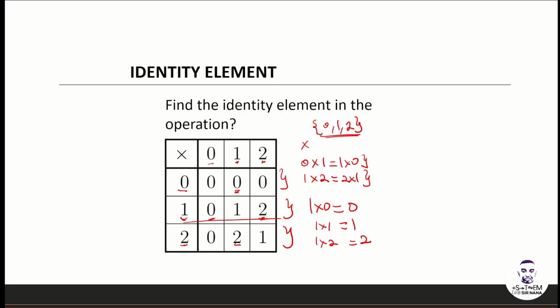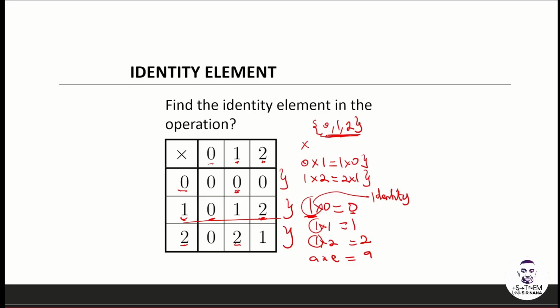So when we compare this with, let's say, A operation E to give us A, we see that the 1 repeats itself here. So therefore, we can say that the 1 represents the identity. So we have located the identity element in this table as the 1. So that is the element that when we operate it on any of the variables here in the set, it gives us the same variable. So that is the identity element.